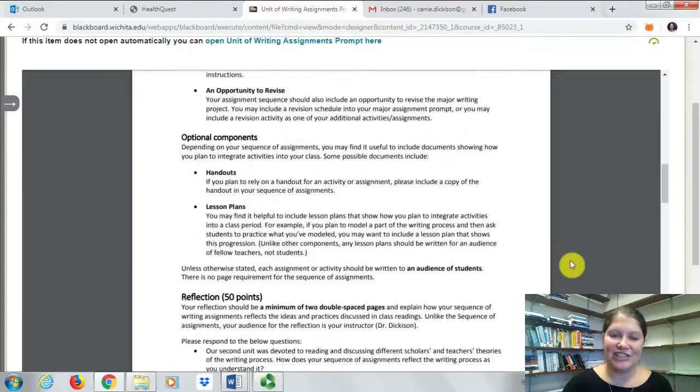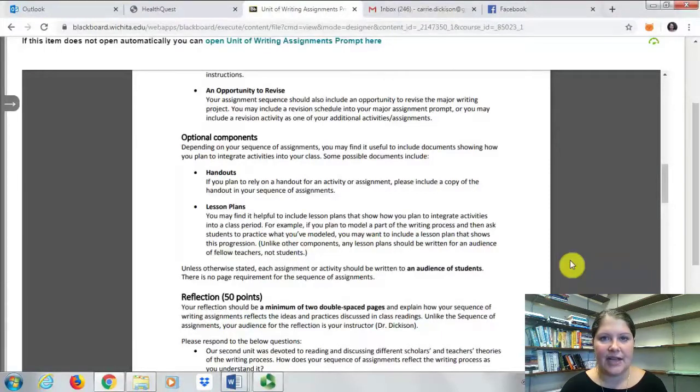And then, in addition to those required pieces of the sequence of assignments, there's also some things that you may want to include that are optional. So, for example, if any of your activities or assignments rely on a handout, then I want you to include that handout.